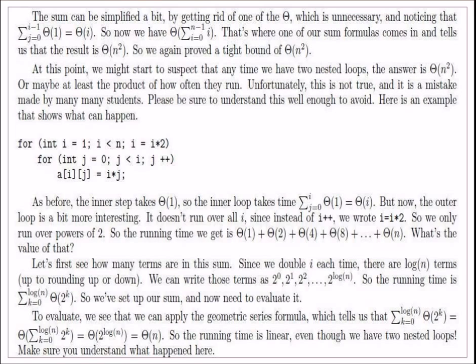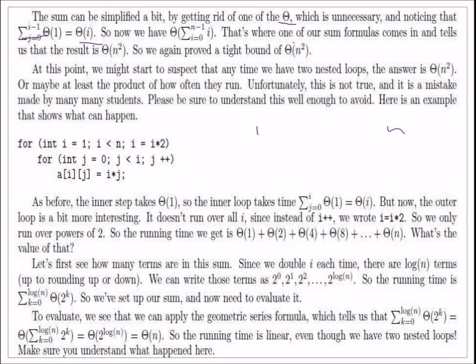The sum can be simplified a bit by getting rid of the theta, which is unnecessary, because the sum of theta 1 from 0 to i minus 1 is theta i only. 1 plus 1 plus 1 till i will be theta i. So now we have the sum from i equal to 0 to n minus 1 of i, which we have replaced by i.